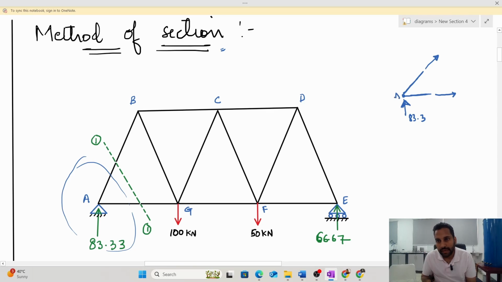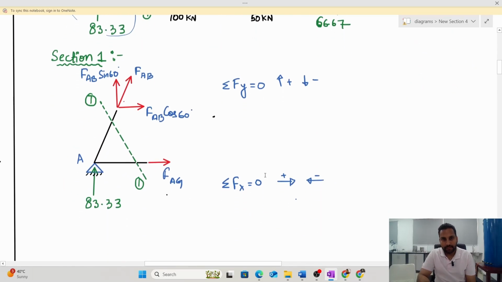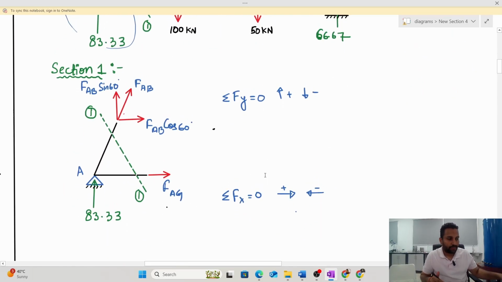So this was your A, this would be force AG, and this would be force AB. Now this force AB can be resolved into two components, AB cos theta and AB sin theta, just similar to what we have done in method of joints. Only thing is, in method of section you need to cut a section. So we can do this now.